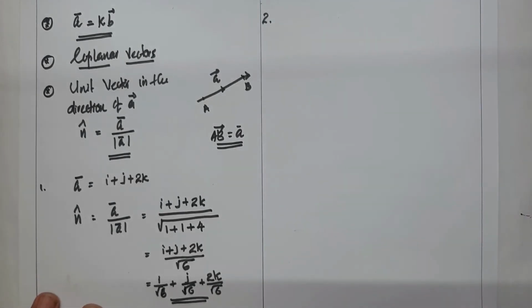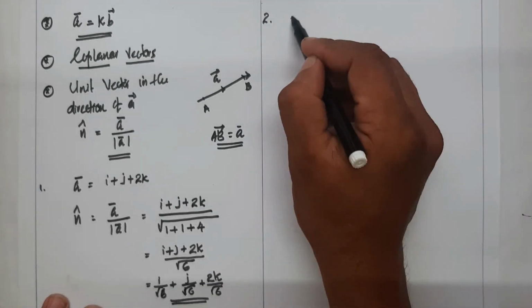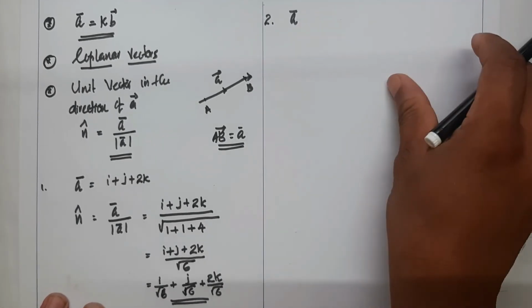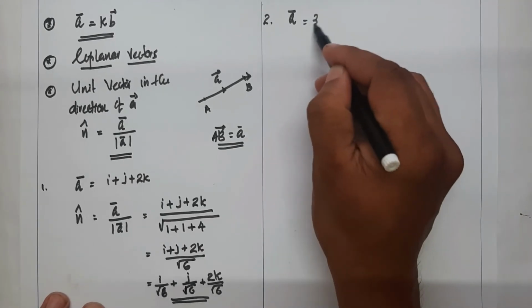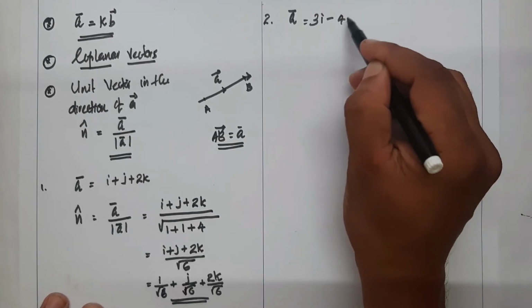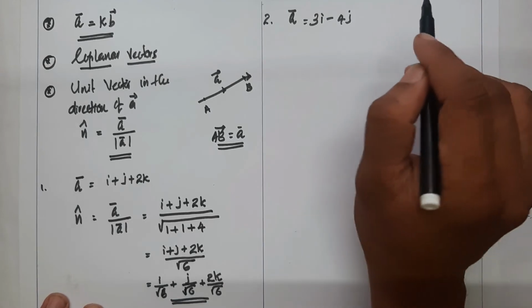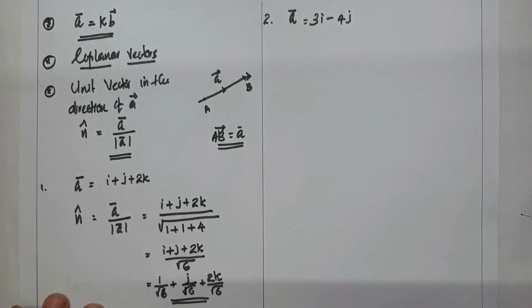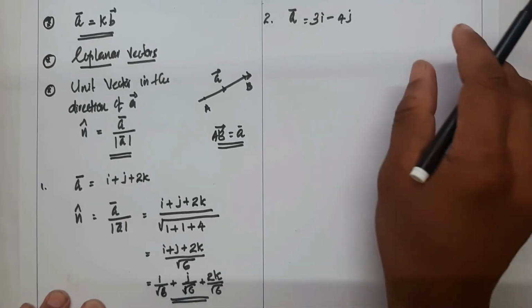Now second question: find a vector in the direction of vector A equal to 3i minus 4j that has magnitude 9. Here the k term is 0.